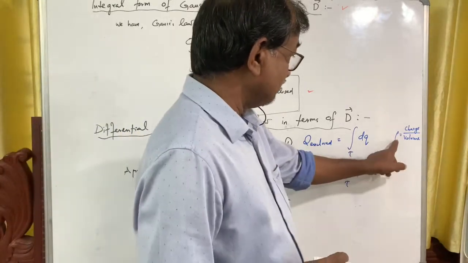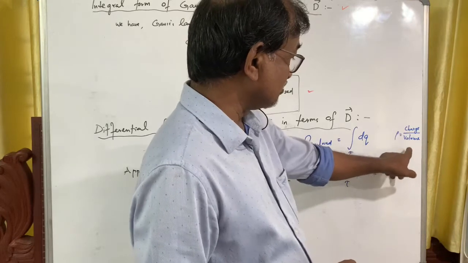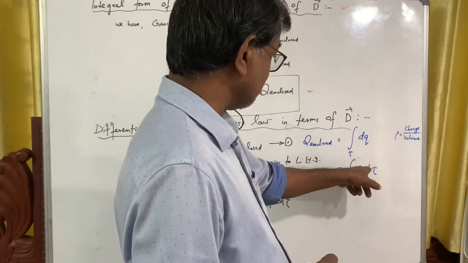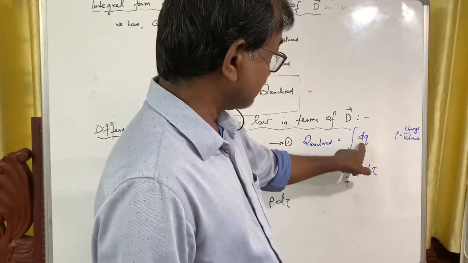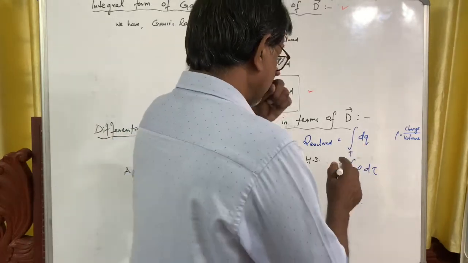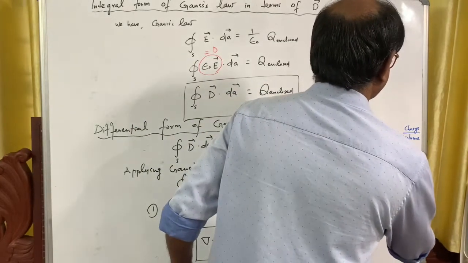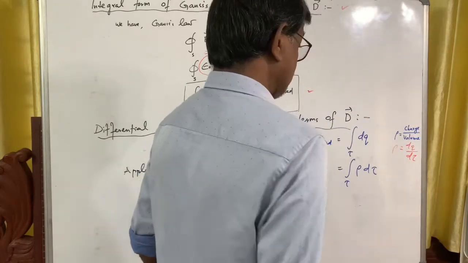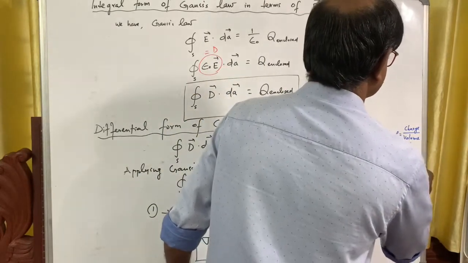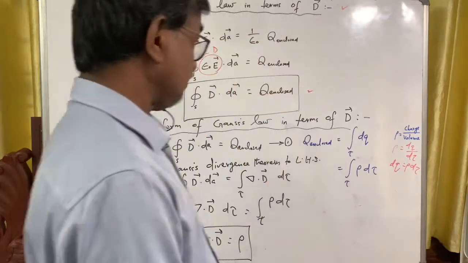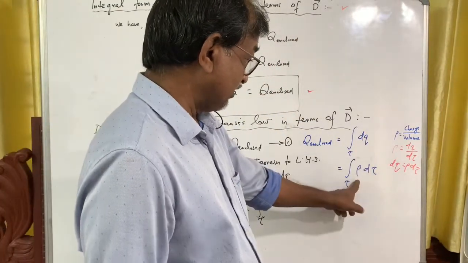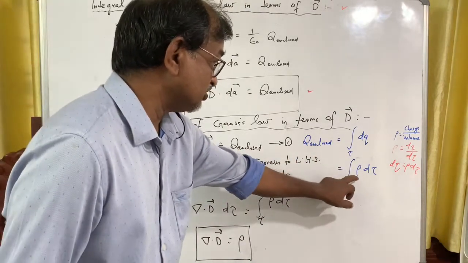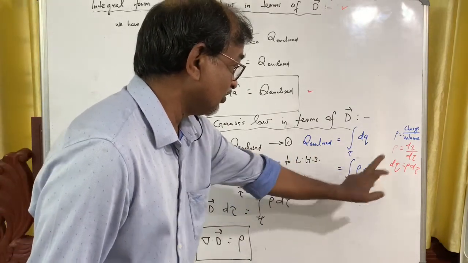We know the volume charge density rho is equal to charge by volume, that is, rho equals dq by d tau. So dq becomes rho d tau.